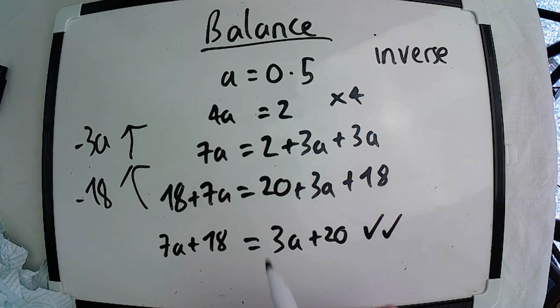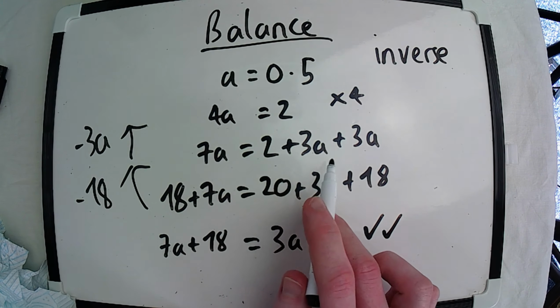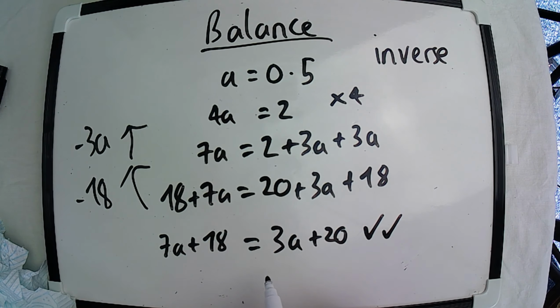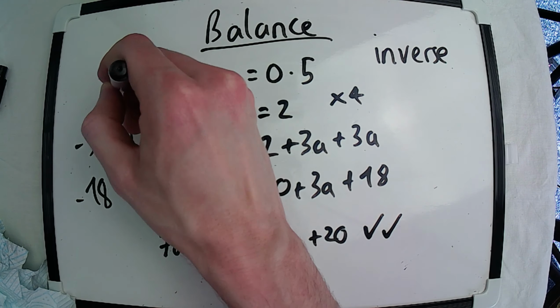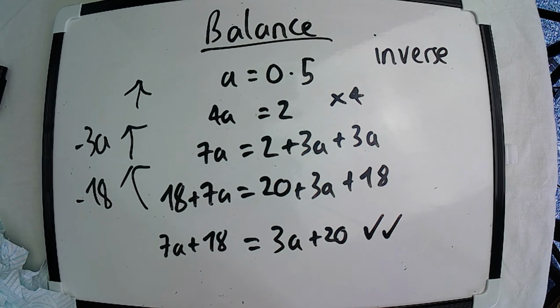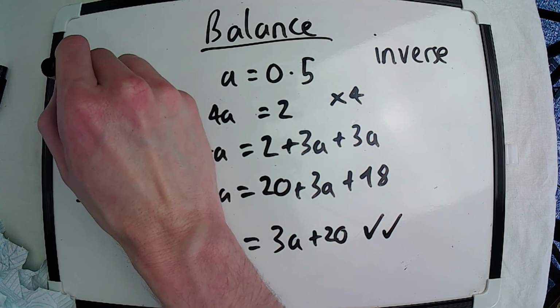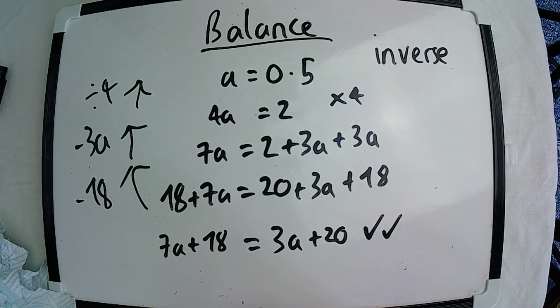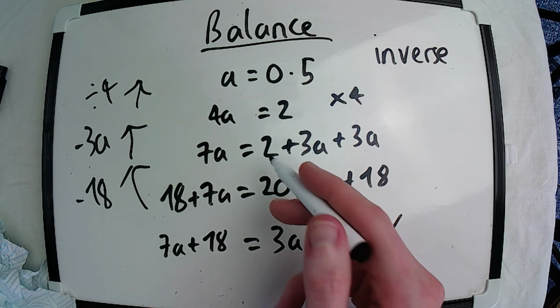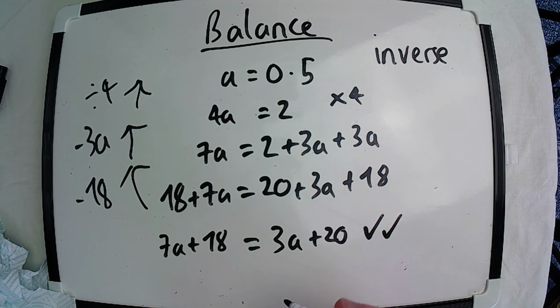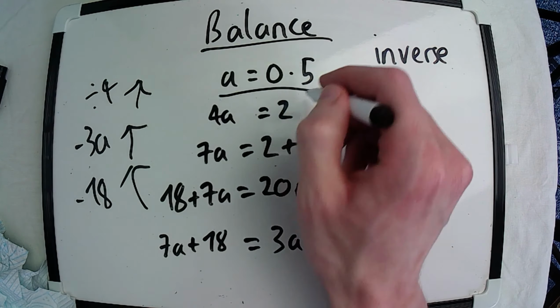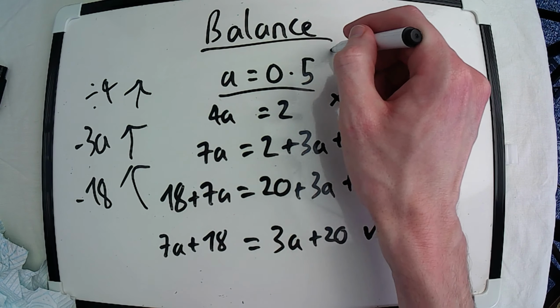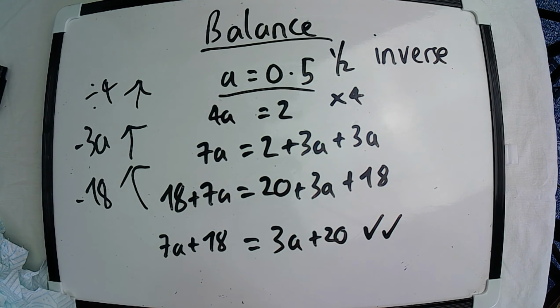We go from 7a to 4a, and from 2 plus 3a to 2. And then the final stage, and this is often the final stage when solving equations, we would divide by 4, the opposite of multiplying by 4. 4a divided by 4 is a, and 2 divided by 4 is 2 over 4, which is a half. It's okay to leave as a decimal or a fraction. Both are acceptable. So it's very important that you understand when solving equations that it's essential to preserve equality.